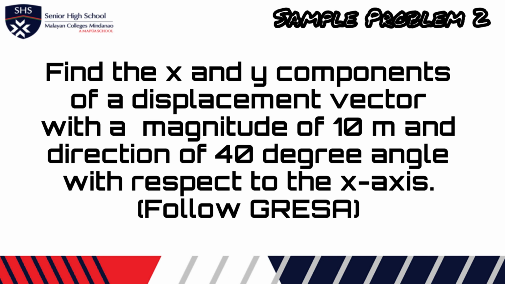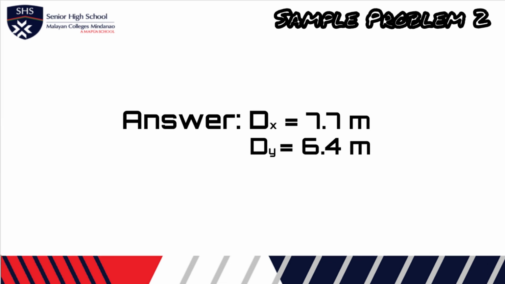So what is the answer for this problem? The x component of D should be 7.7 meters, while the y component is 6.4 meters. As for the solution, you may try this one at home, and we will verify that back in our class next week.